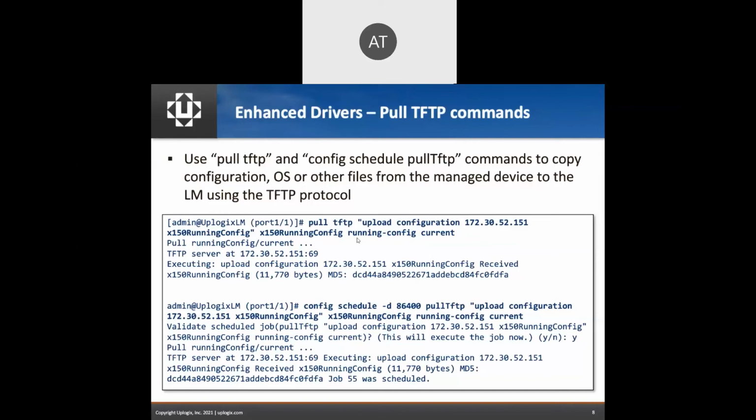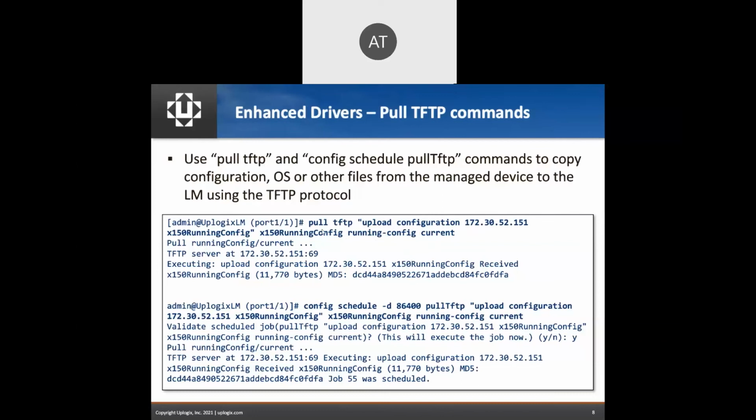In this case, it's going to upload a configuration to the local manager. That's the local manager's IP address there. And then, what's the file name and where do we want to put it? That's the current running config in this case, but if we were backing up the OS instead, we would put it in the OS current instead of running config current.